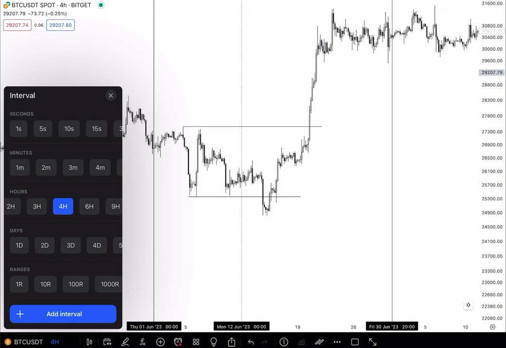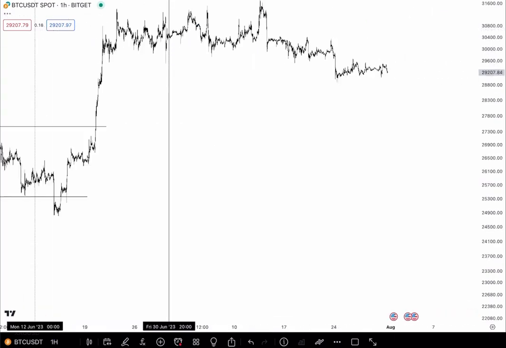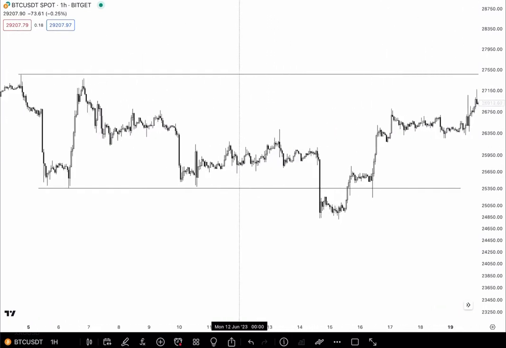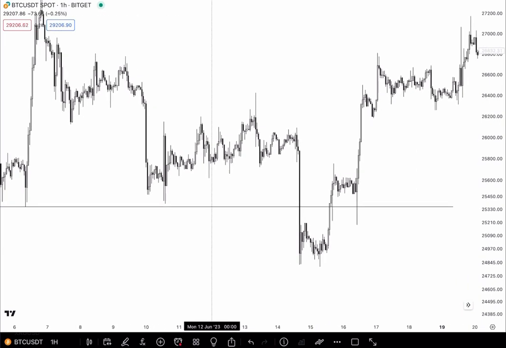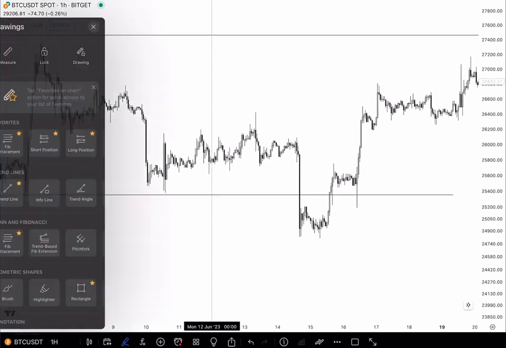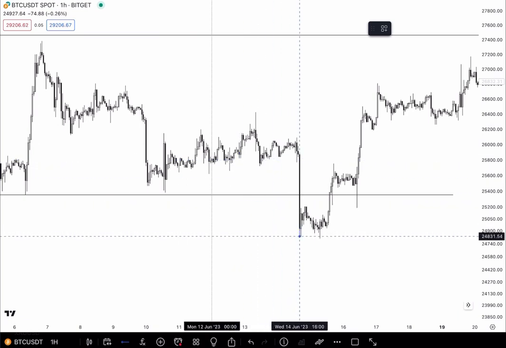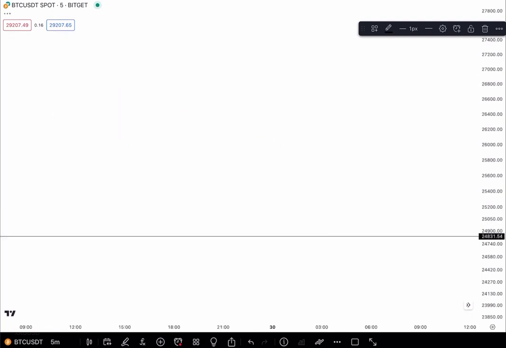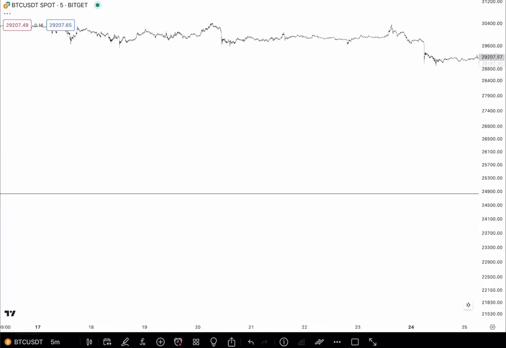We're going down. And we're looking at this thick, heavy, high volume candle. So the higher time frame candle is having a thick, heavy volume candle at the end of the range. And in that range, I'm looking for my range to form.